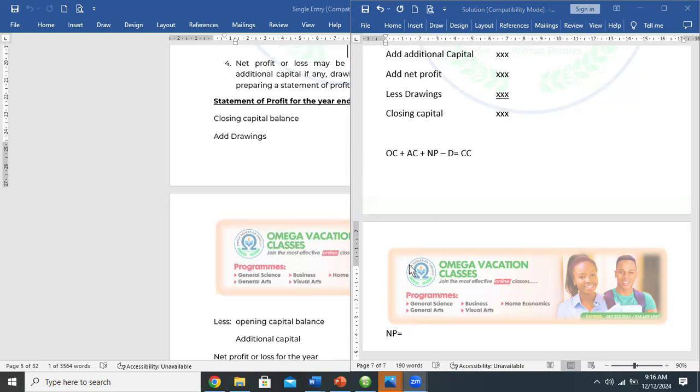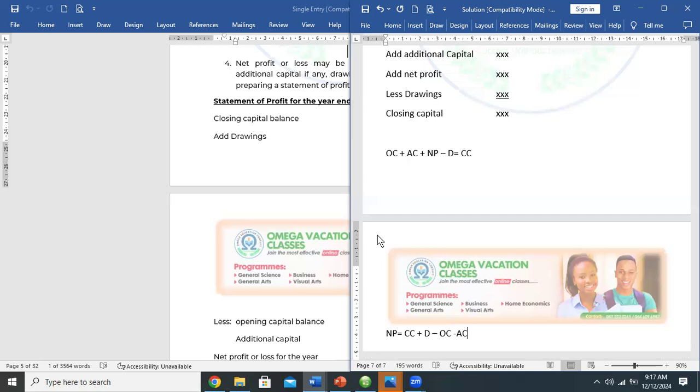Okay, so if we are making NP the subject, then it makes sense to say that your CC here would have D being added to it, so plus D, then minus OC, and then minus AC. Okay, so out of this expression, we could have net profit being made the subject, and that will be CC, which is your closing capital, plus drawings, minus opening capital, minus additional capital.